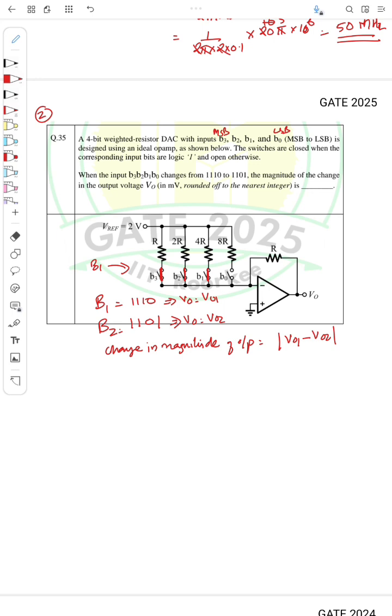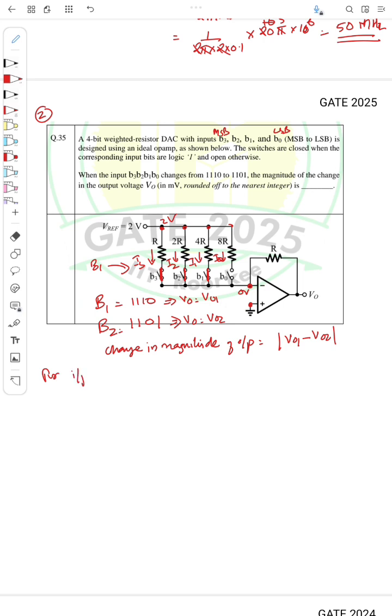Okay, so how to find the output V0 here? Since this is grounded, this is also virtual ground, right? So this node is actually at 0 volt, and this node is at 2 volt. Because of this there will be current flow, so I will call it I3, I2, I1, and I0.